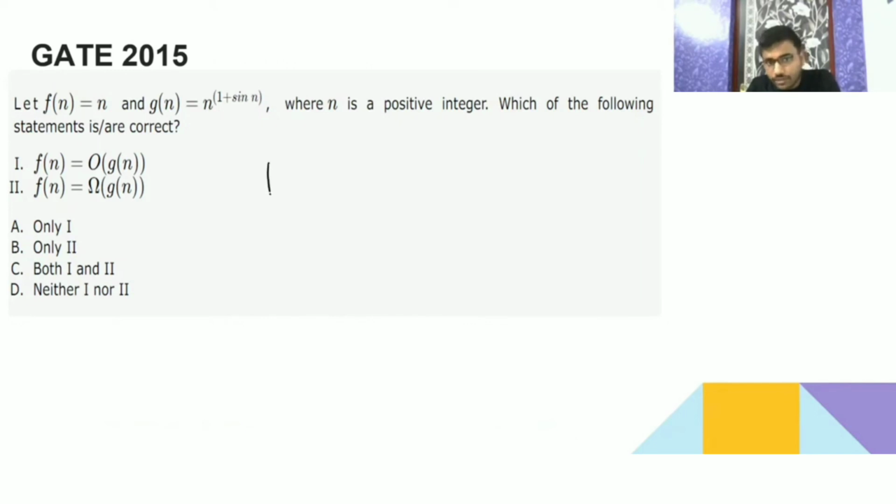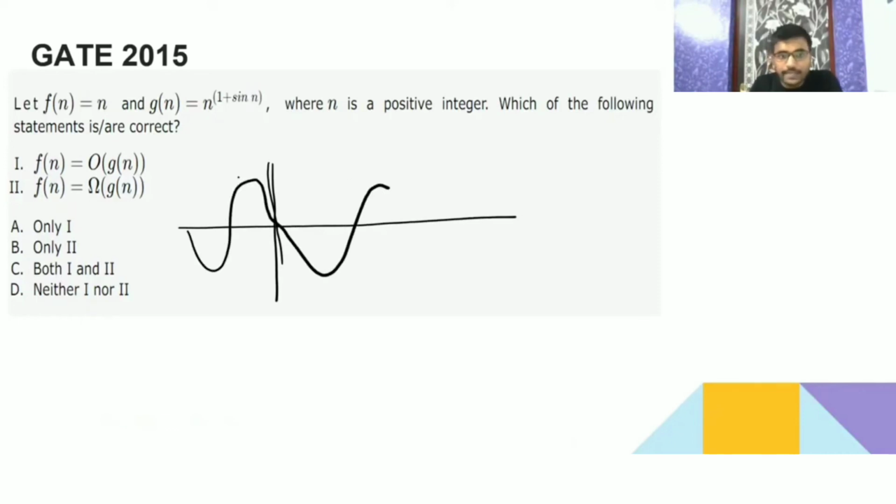If you see the graph of a sine, the sine values will go like this: negative, then positive, then negative, then positive, varying from plus 1 to minus 1. So sine will take values like 0, minus 1, 1, then 0, then again minus 1, then 1. This way the sine value will vary, from minus 1 to 1.